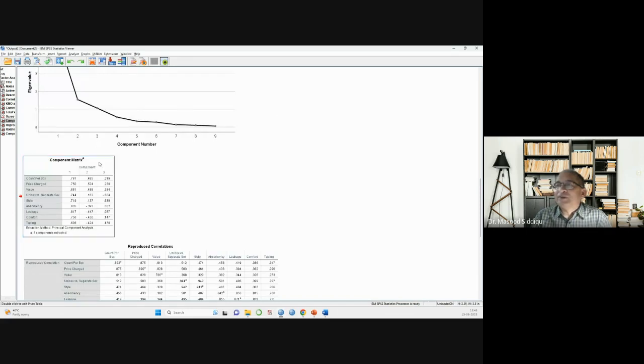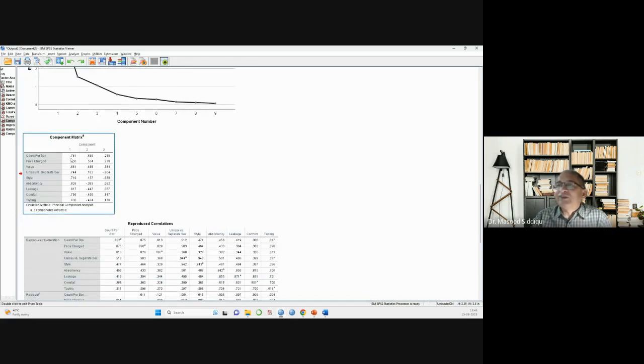This is the component matrix, right? Here we are discussing factor loading, which means the correlation coefficient of count per box with the first principal component is 0.761. The correlation coefficient of count per box with the second principal component is 0.485. The correlation coefficient of count per box with principal component 3 is 0.219.